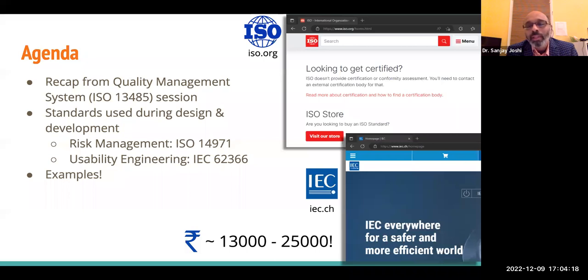Now keep in mind, these can get pretty expensive, between 13 to 25,000 Indian rupees, and depending on what kind of product you have, you will probably need multiple of these. Either you can buy those yourself, or if you are working with an incubator, definitely check in with them if they can give you a copy.